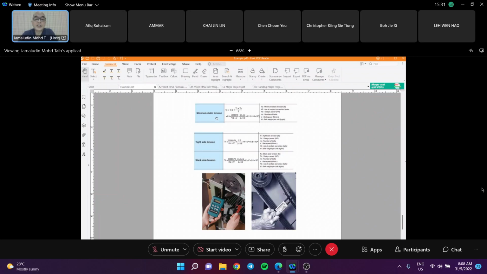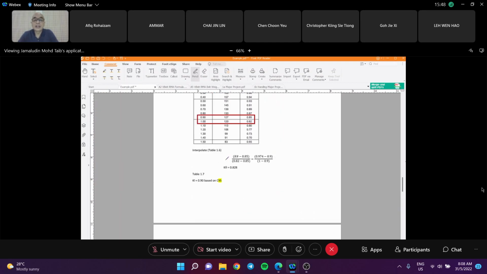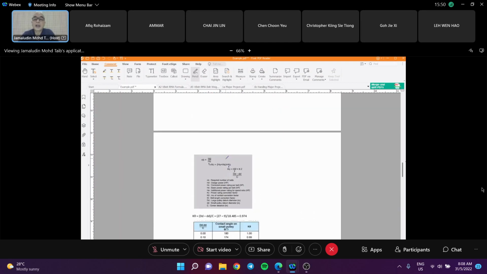If it reaches the calculated value here, that means the belt system will behave as expected. For example, the power rating that we calculated. Hopefully, it will behave as we calculated in steps 1 until 6.